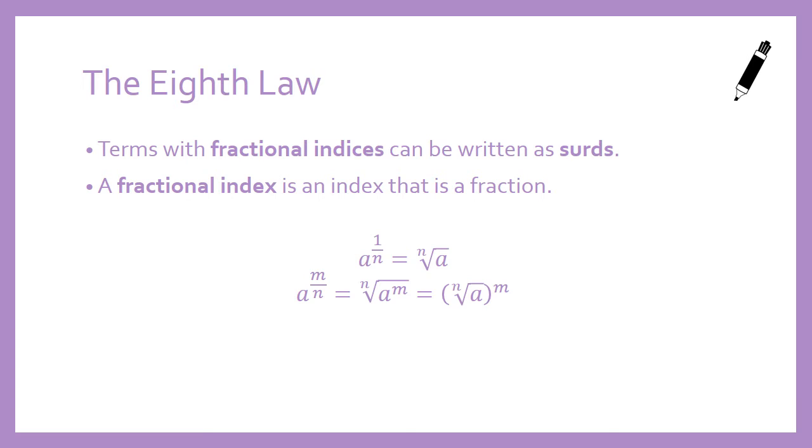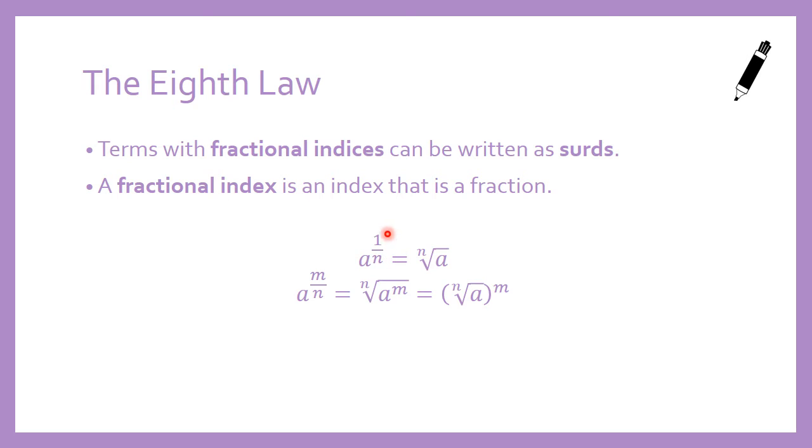Last but not least, the eighth law. Terms with fractional indices can be written as surds. A fractional index is an index that is a fraction. So if I have a raised to the power of a fraction, I can rewrite that as a root symbol or a surd.